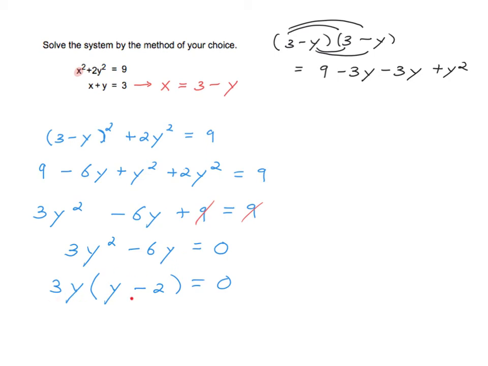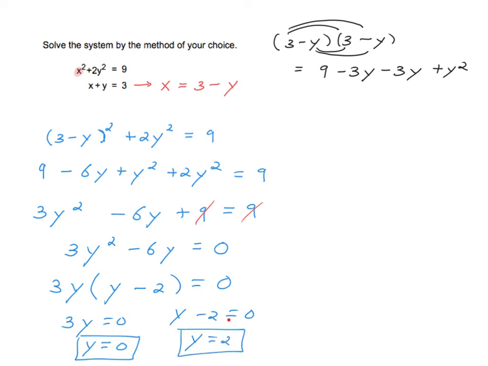I have two factors that I can set equal to 0. Where is 3y equal to 0? And where is y minus 2 equal to 0? Well, 3y equals 0 means y has to be equal to 0. And if y minus 2 is equal to 0, that means y is equal to 2.